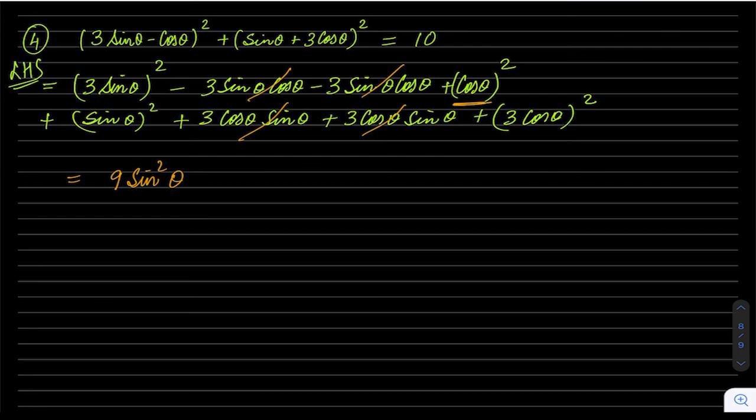Then we have this cos square theta, and we have the sin square theta. So I am adding these: 9 sin square theta plus sin square theta, plus the cos terms, cos square theta plus 9 cos square theta.